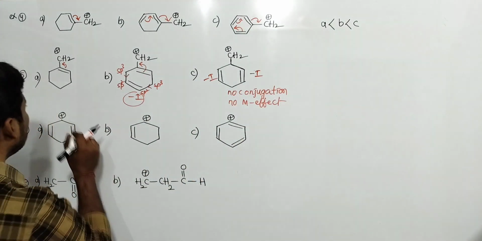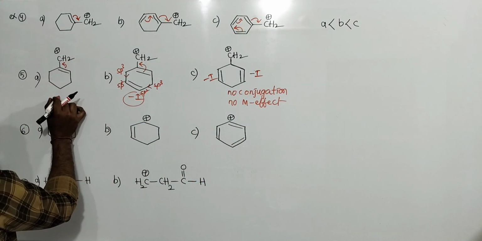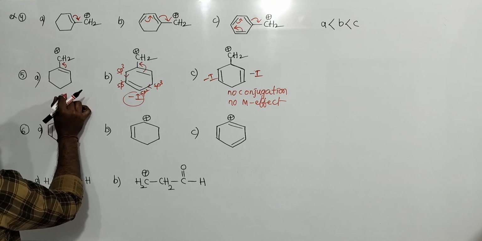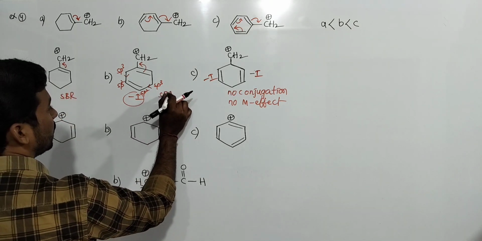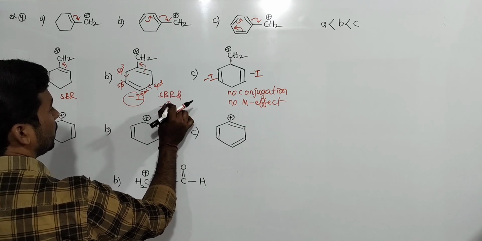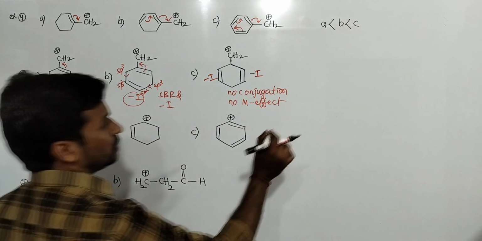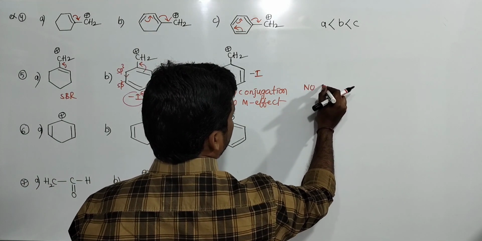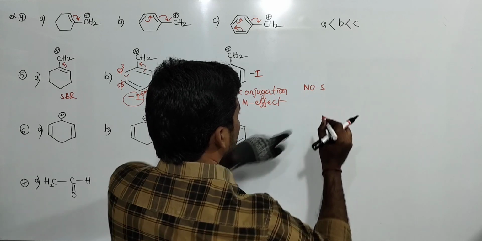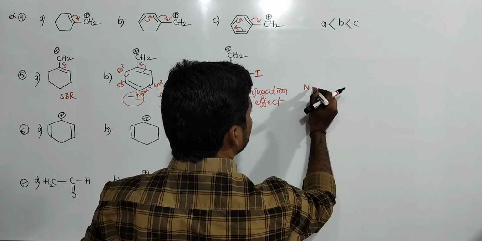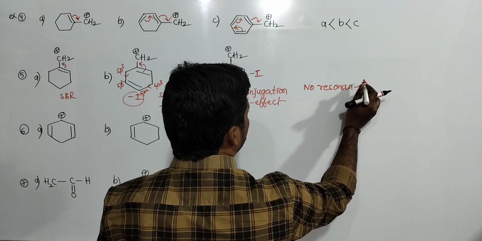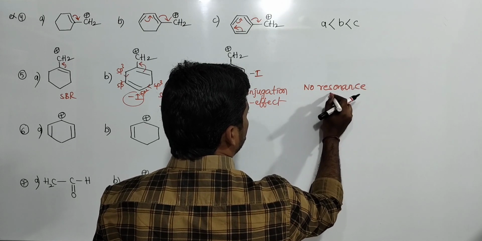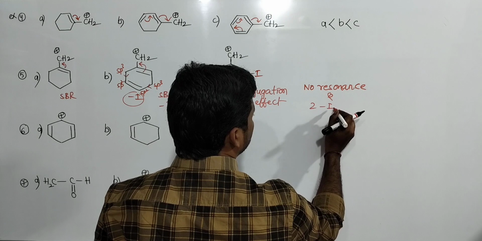Here, what is the factor? The resonance factor. This is stabilized by resonance. Here, stabilized by resonance and minus I group, both factors. Here, no resonance, and two minus I groups.